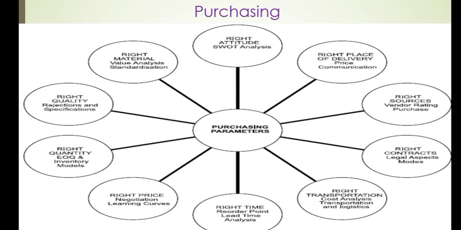Then right material: you have to choose the right material and consider the value of the particular product through value analysis and the standardization of product. So these are some of the purchasing parameters for any organization.